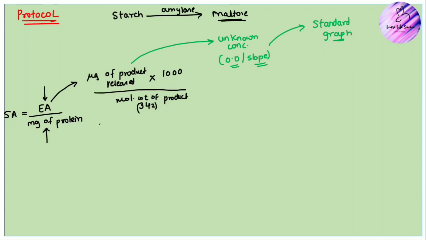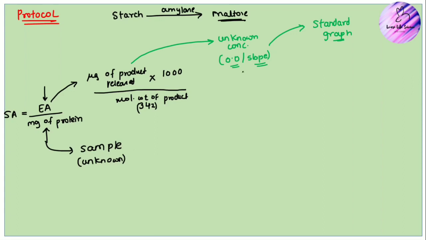On the second place, for calculating milligram of protein, I will simply need the milligram of protein in the sample, for example, unknown. How are you going to calculate the unknown concentration of protein?